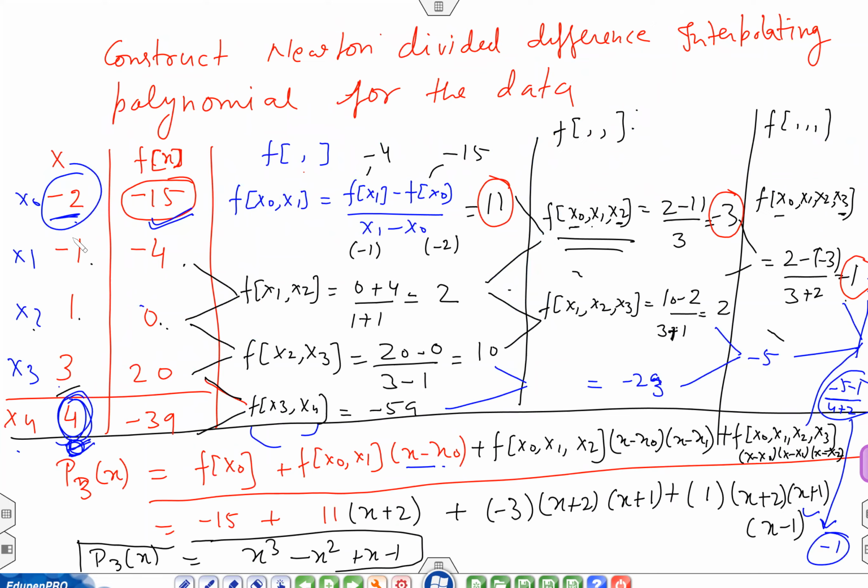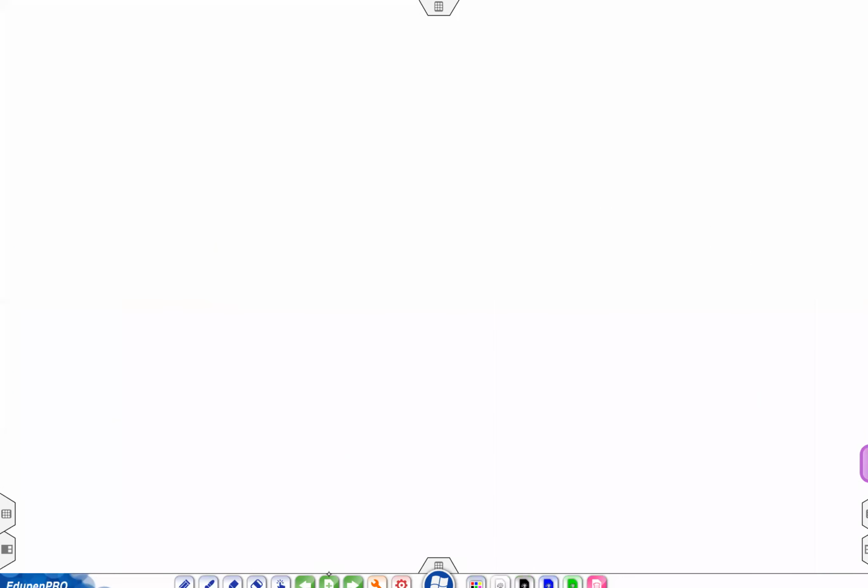Like here you are having -1 and -2, the difference is -1, and 1, and there is a difference of 2. So you can take any point, but this formula can be used to construct a formula that is, this is Newton divided difference formula. Another formula that we are getting, that is the Newton.